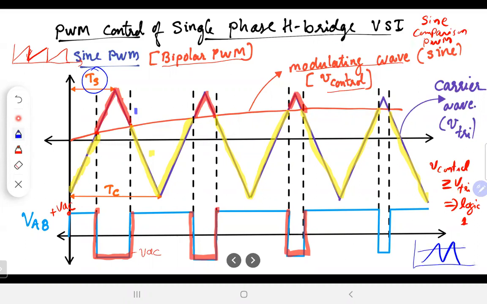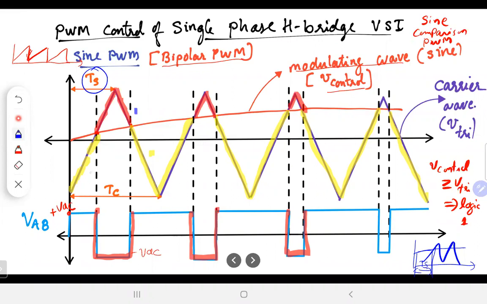Suppose your sine is at 50 hertz, and the triangle is running as fast as 10 kilohertz or 20 kilohertz, the variation of the sine would be extremely slow, and therefore we can consider it as good as a DC. In the short time period TS, it is almost close to a DC situation.